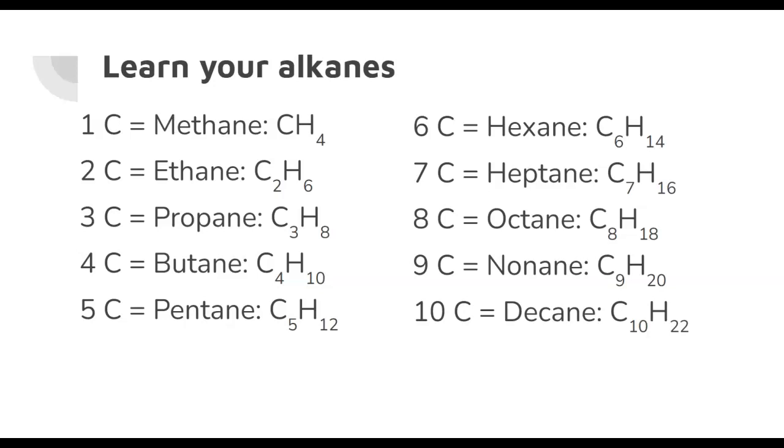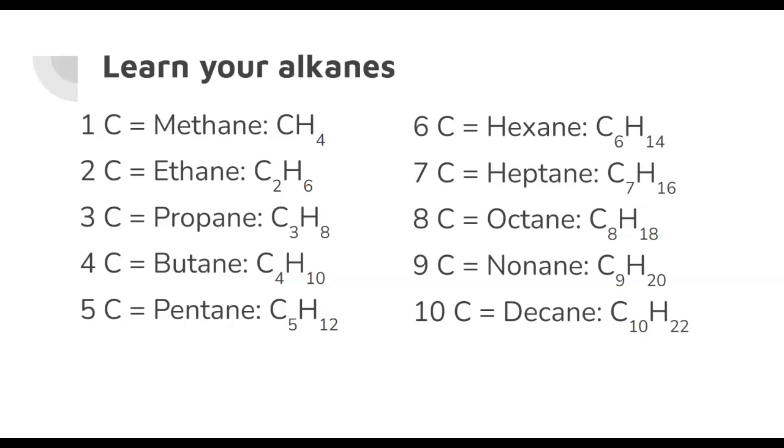Where in ethane we have 2C, and that tells you that there are 2 carbons, and then you notice that there are 6 hydrogens attached to it. So I'm going to give you a moment to sort of look at the pattern that you are starting to see as you move down these alkanes in terms of chemical formula. Are you seeing something that seems to be consistent?